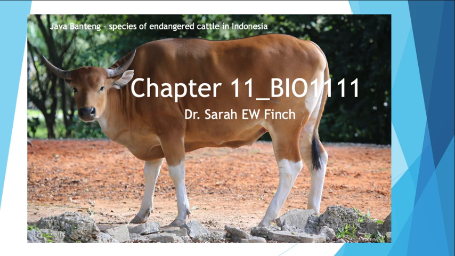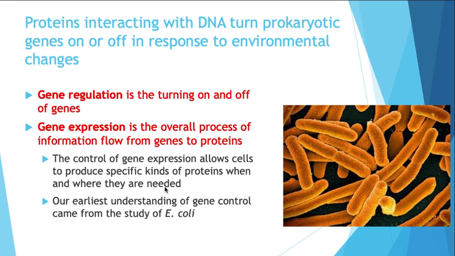Okay, let's talk a little bit more about the control of genes. We've talked a bit already about the fact that genes have an anatomy to them, right? Genes have regulatory regions and they have coding regions, right?